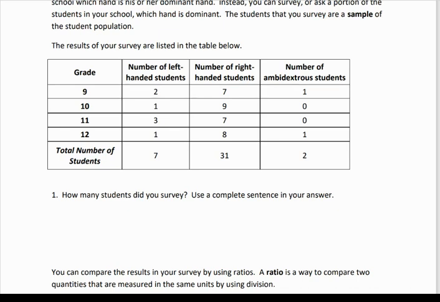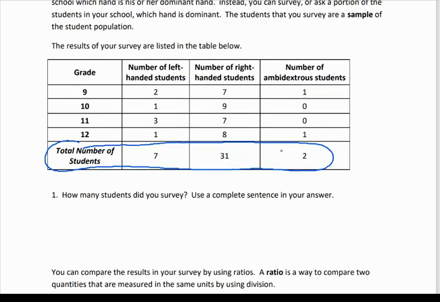Great. So Alyssa said, and we'll see the other person in the chat, okay, we have a couple of different things. But what we're going to do is add the totals. So we're not going to add every single number, but notice where it says totals. That's what we're going to add up. So there was 7 left-handed, 31 right-handed, and 2 ambidextrous.